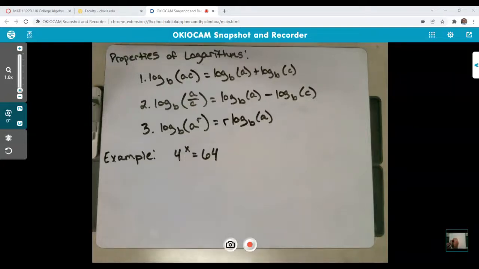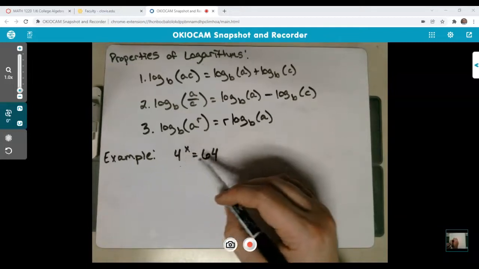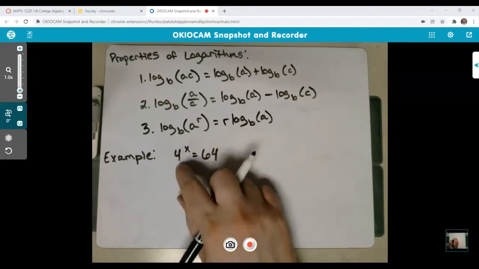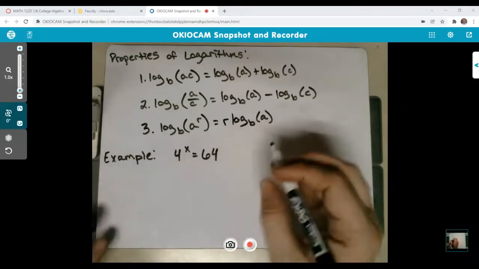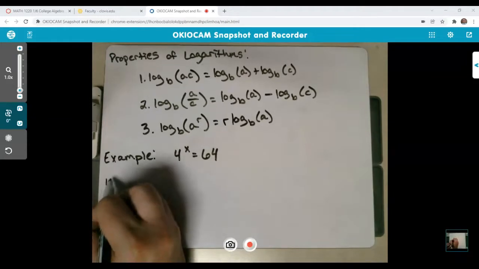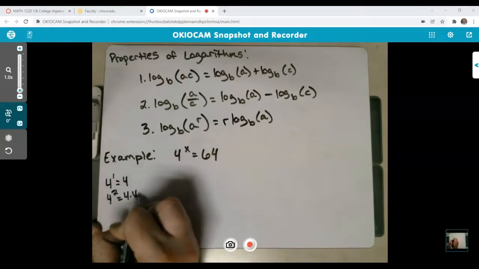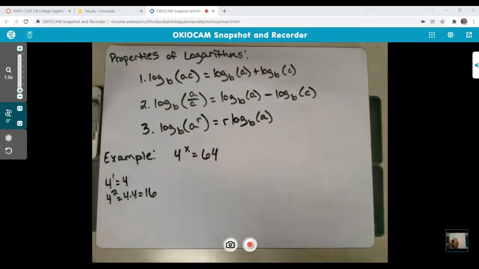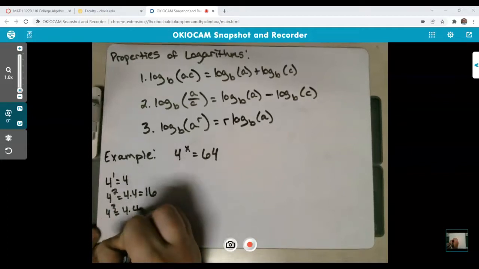So this one isn't too bad. I just have to think here, okay, what power must I raise 4 to get me 64? So let's just go through them and see if I can find one that'll work. So 4 to the power of 1 is 4, so that isn't right. 4 to the power of 2 is like saying 4 times 4, which is 16, so that doesn't work. 4 to the third is 4 times 4 times 4.